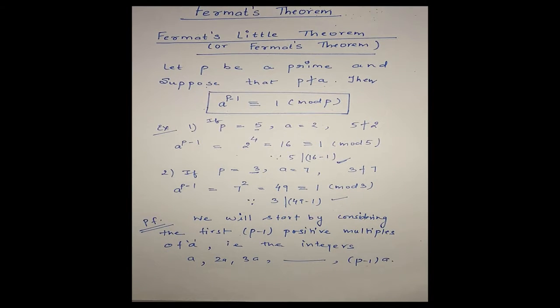We will first start with considering these P minus 1 positive multiples of A, that is the integers A, 2A up to P minus 1 times A.